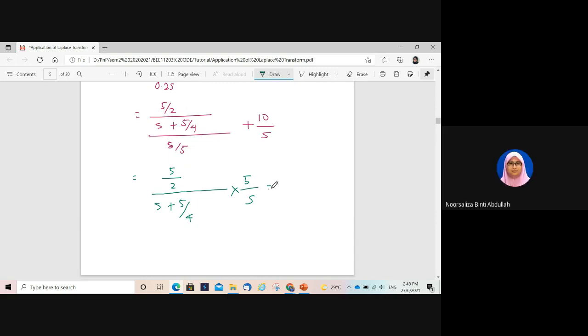Okay. So you will get 5 kali 5, 25. So this one times dengan this one. Okay, ini 25 per 5 per 5 pula per 2. 25 divide by 2 here. And this one is S plus 5 over 4.